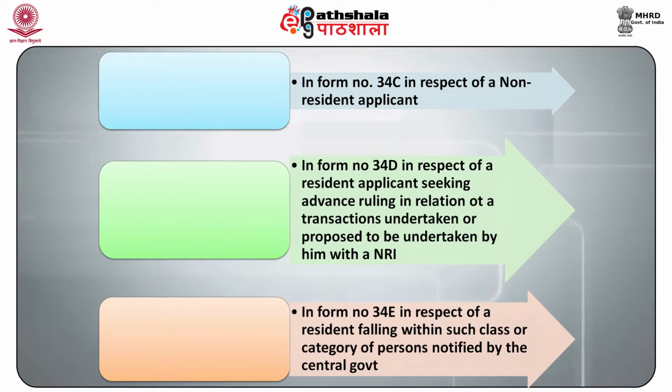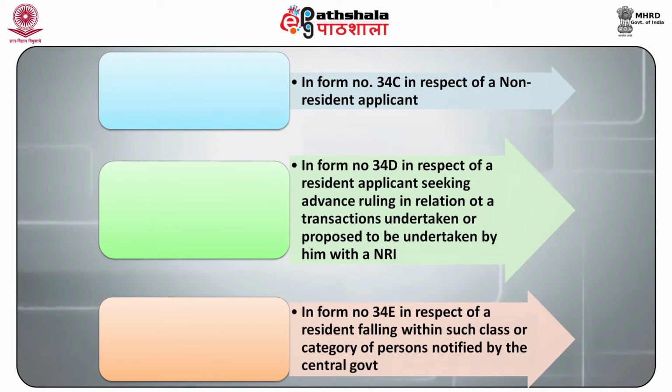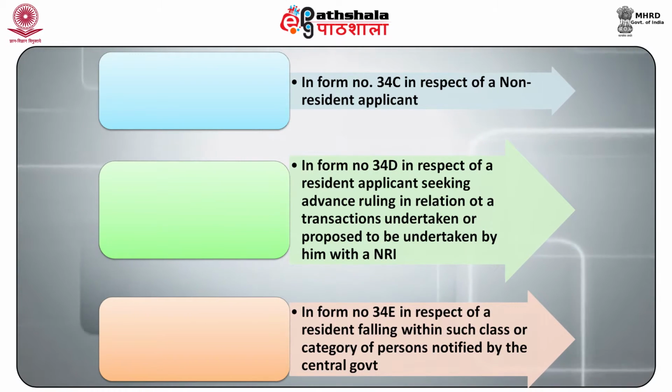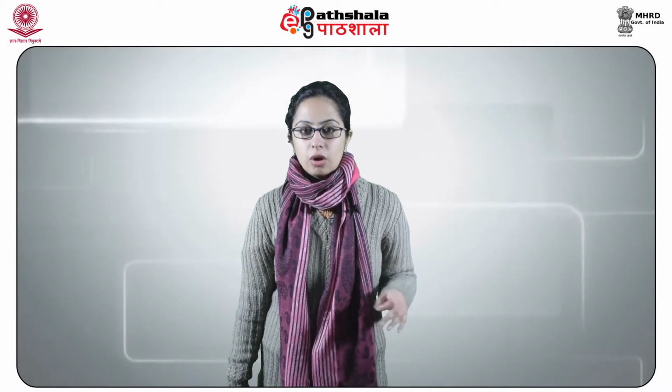B. In Form number 34D in respect of a resident applicant seeking advance ruling in relation to a transaction undertaken or proposed to be undertaken by him with an NRI. C. In Form number 34E in respect of a resident falling within such class or category of persons notified by the Central Government. Second, the application should state the questions on which the advance ruling is sought.